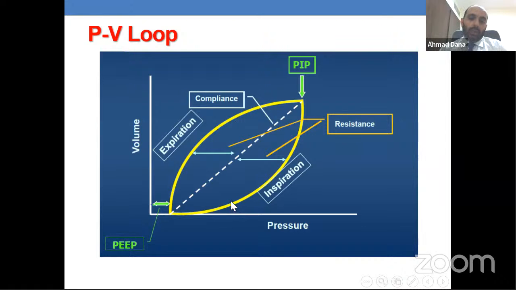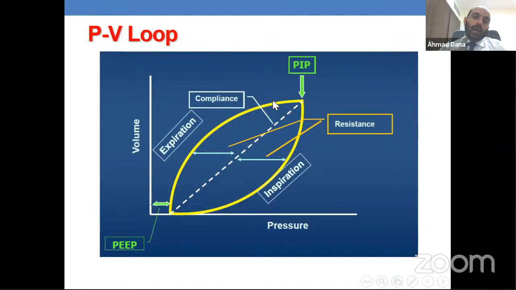Then when you reach the opening pressure, a little bit of pressure will generate the volume. After you reach the maximum opening pressure, you don't generate much volume with increasing pressure. So this is the peak inspiratory pressure.